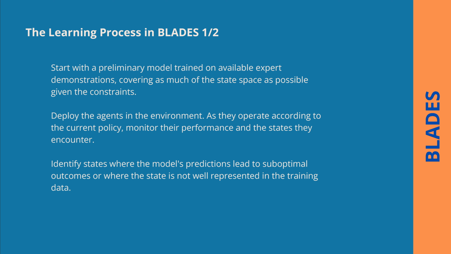Deploy the agents in the environment. As they operate according to the current policy, monitor their performance and the states that they encounter, and identify those states where the model predictions lead to suboptimal outcomes, or where the state is not well represented in the training data. Then you know that you have to do something about these situations.